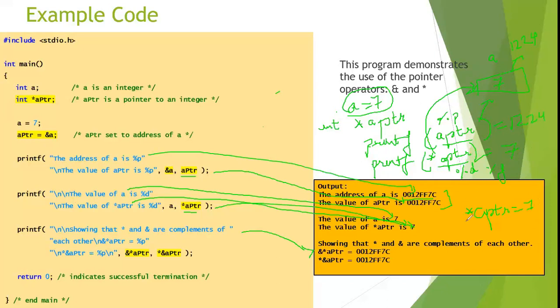But if I write address in front of it, address of 7, is it the same thing? If I apply ampersand in front of pointer APTR, what will it return? It will return the ampersand of 7. So ampersand of 7 is the address where 7 is stored. In that case, what will it return? 0012FF7C. I repeat here.